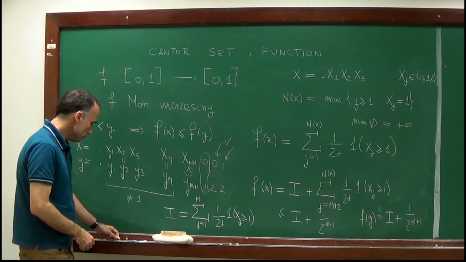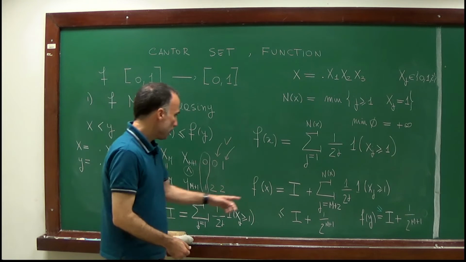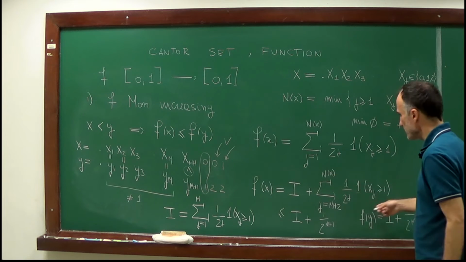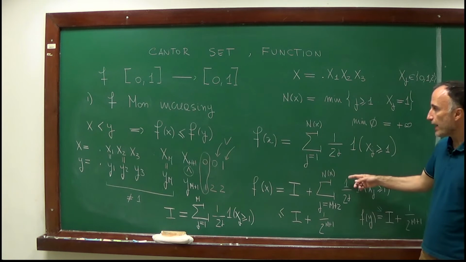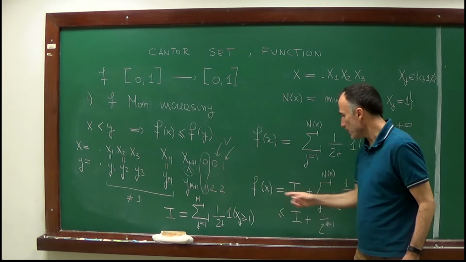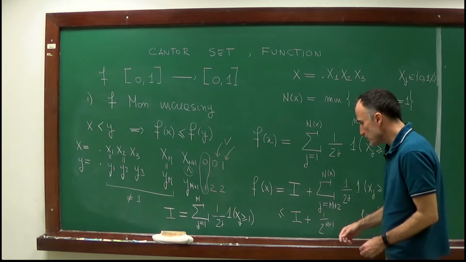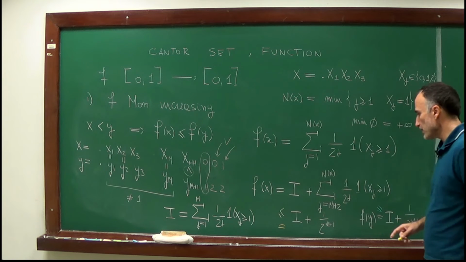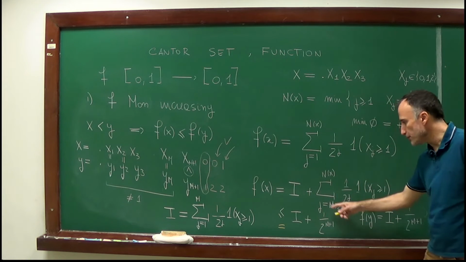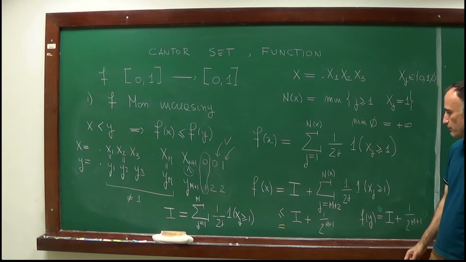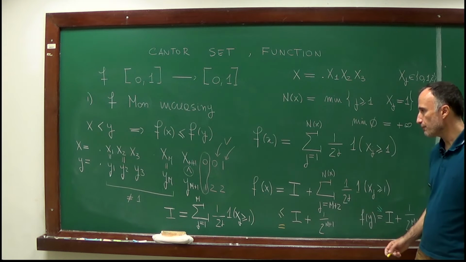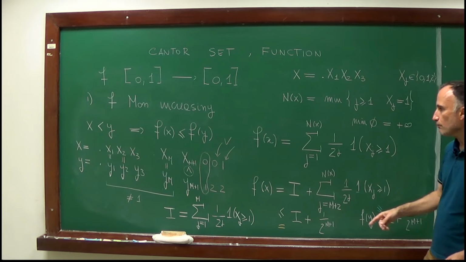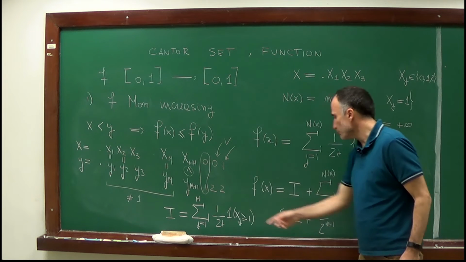In the case 1, 2, f of x is still equal to I plus this expression. But now n of x is equal to m plus 1. So for this last case, f of x is actually equal to this sum, I plus 1 divided by 2 to the power m plus 1. While f of y, so it's equal to 2, we computed already the value.